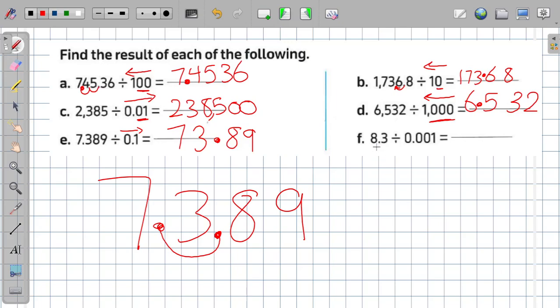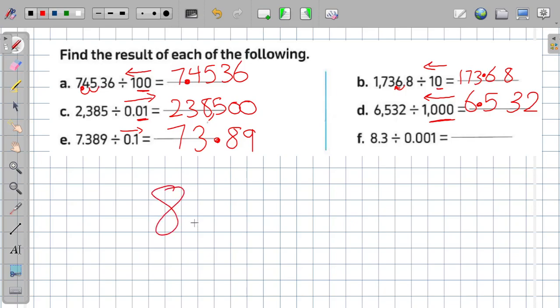Next, I have 8.3 divided by 0.001. Okay, so I have 8.3. I will move the decimal point 3 places to the right. Okay, so I have only one digit. So what can I do? I will add some zeros next to 3 like this.